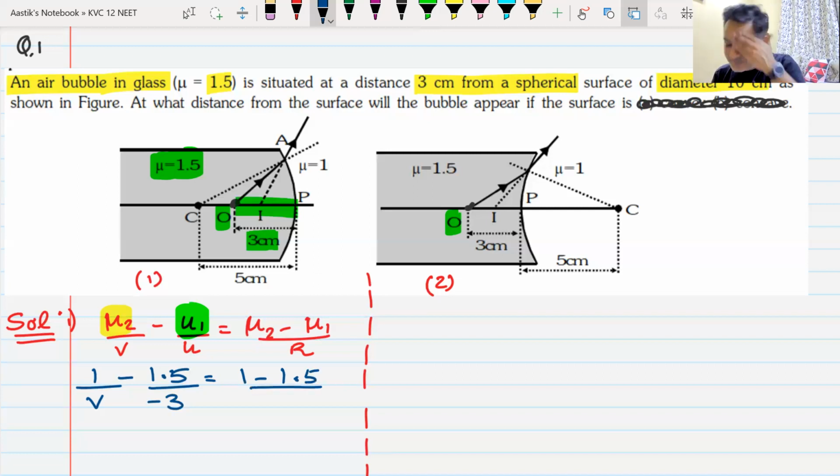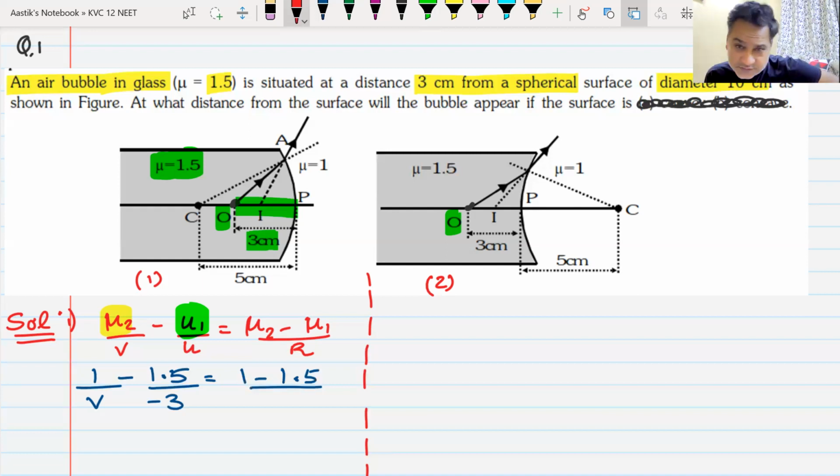What is the value of r? If you look here, the diameter is given as 10 centimeters. Tell me the value of r, the radius of curvature. 5. If you say it without the sign convention, you are going to make a mistake.